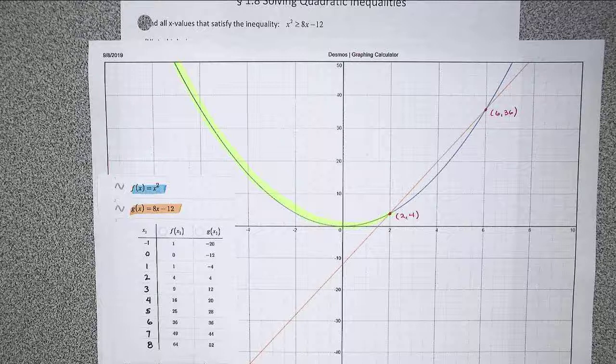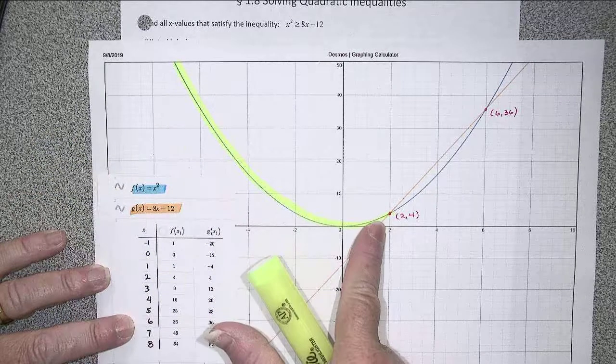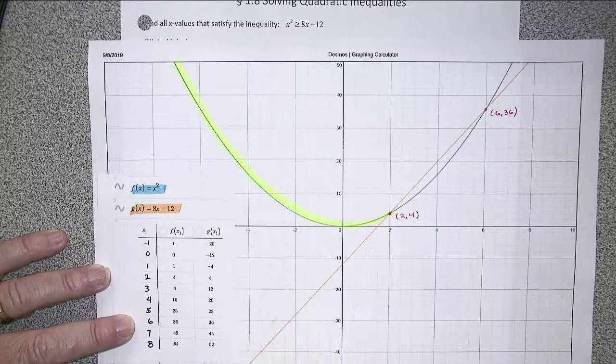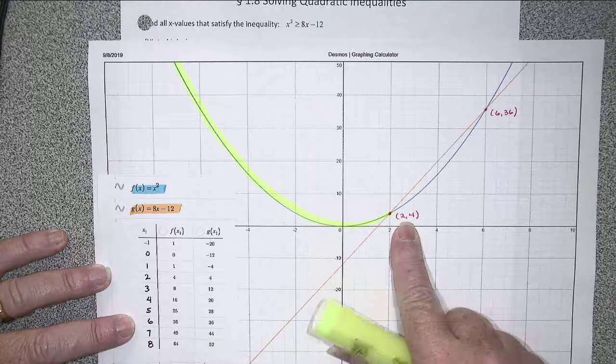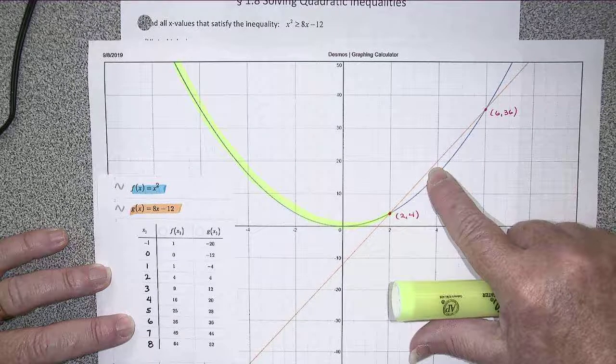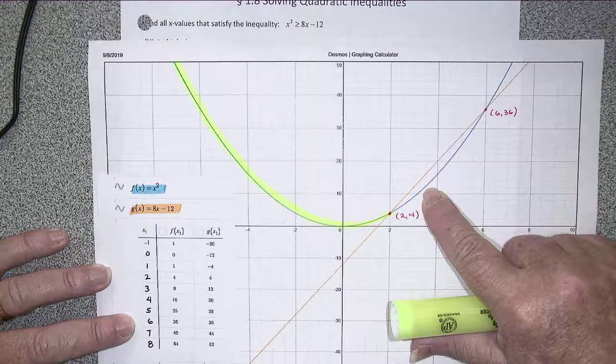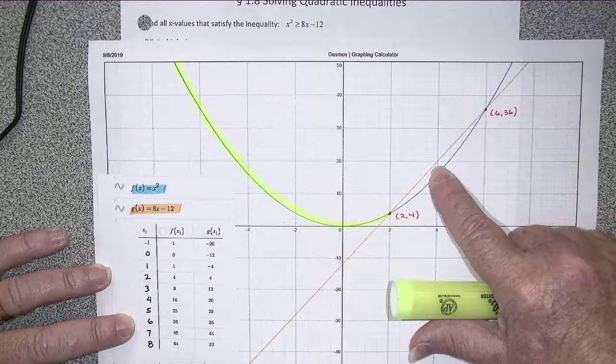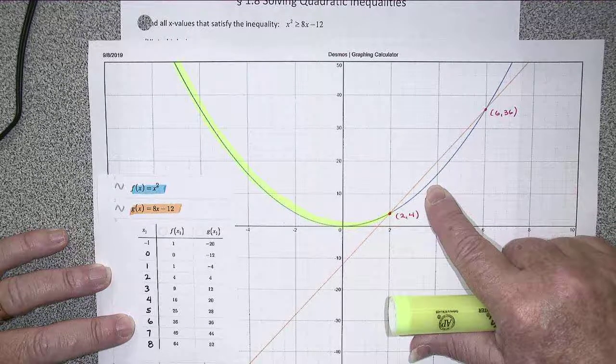So everything I've highlighted satisfies that inequality. X squared is bigger than 8x minus 12. Now everything changes at the point (2, 4). For a while in here, you can see that the line is actually above the parabola. The y values for 8x minus 12 are bigger than the y values for x squared.